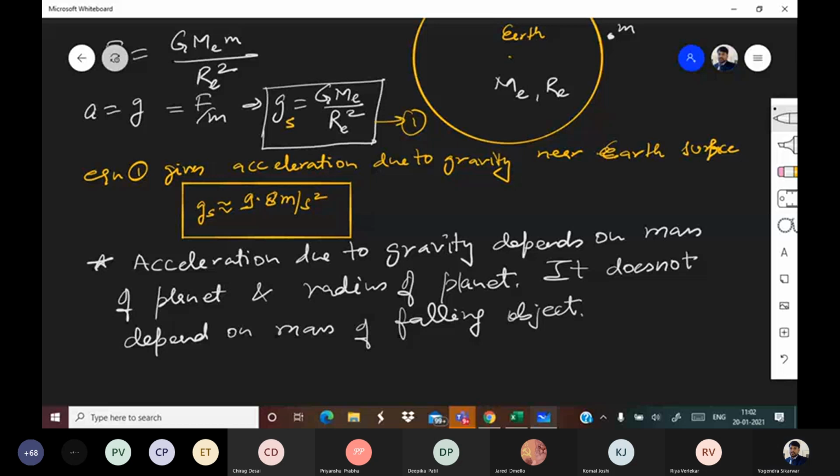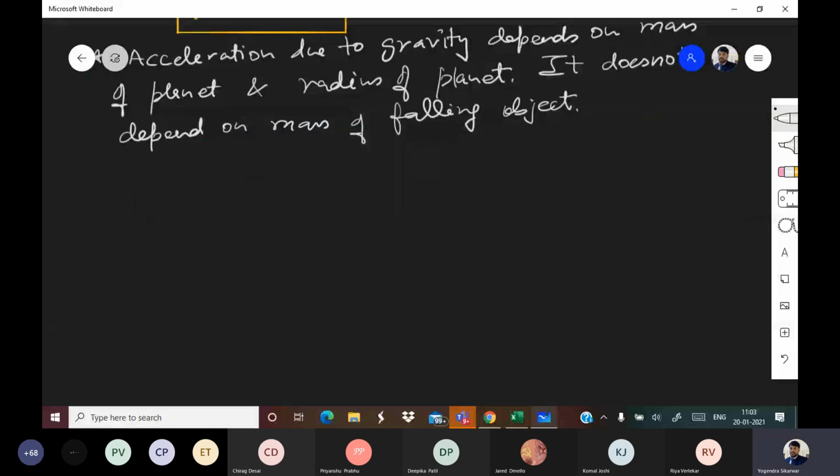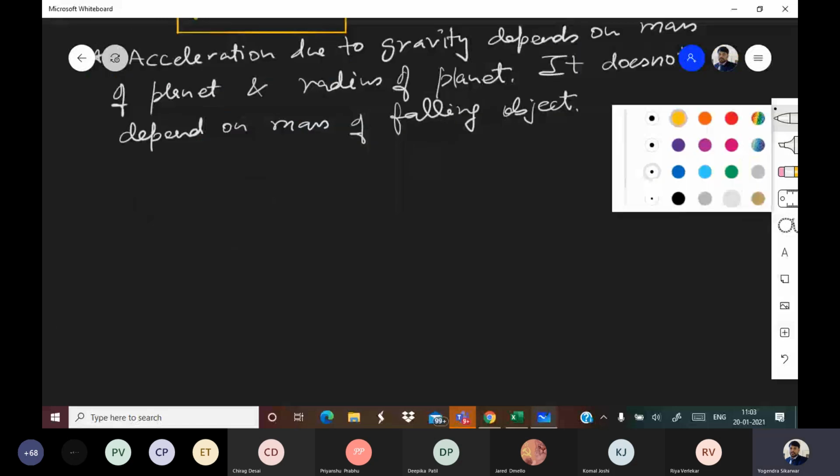Now, this is the value of acceleration due to gravity on surface of Earth. Now comes variation of acceleration due to gravity.